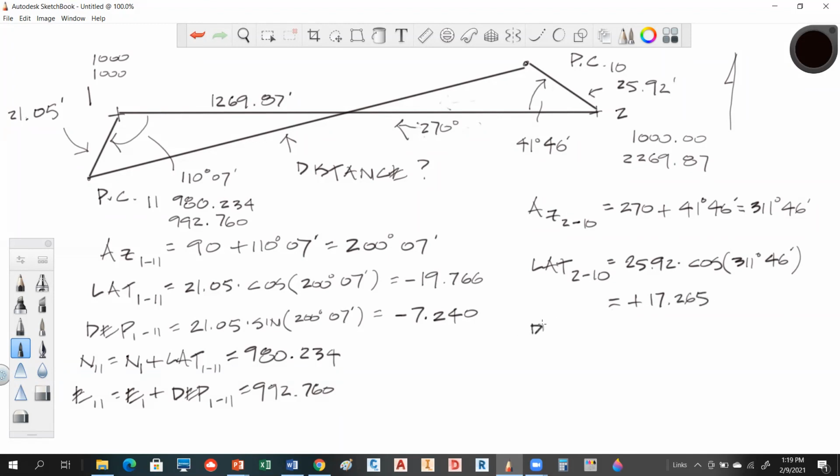And then departure 2 to 10, 25.92, sine of 311.46. And that should be negative because we're traveling west. But the calculator, when you do the math with the azimuth, is going to tell you that. So we get 19.333.